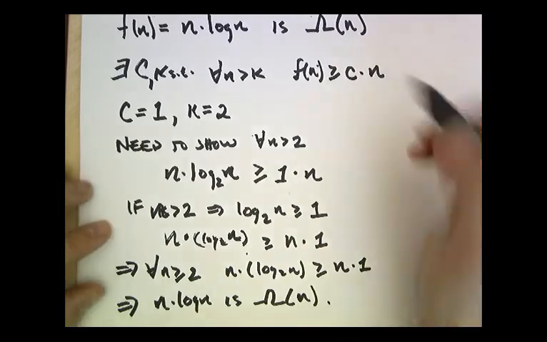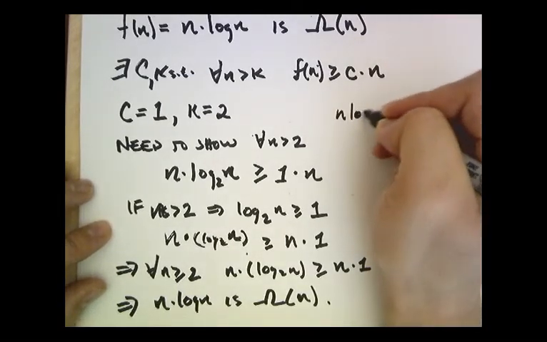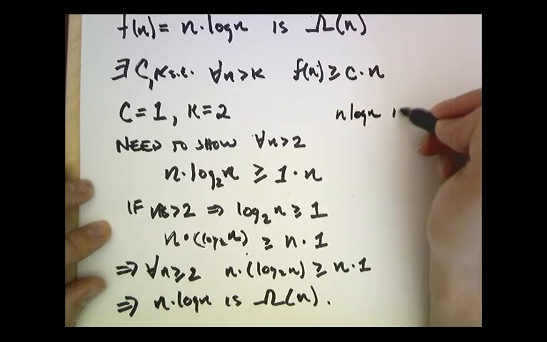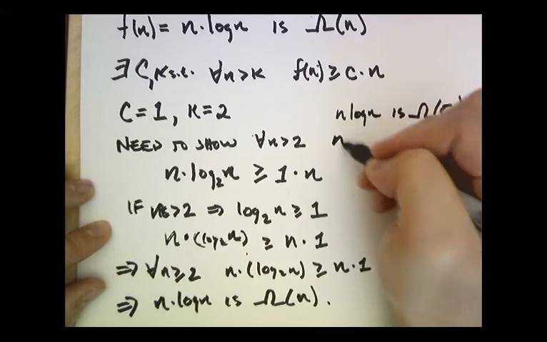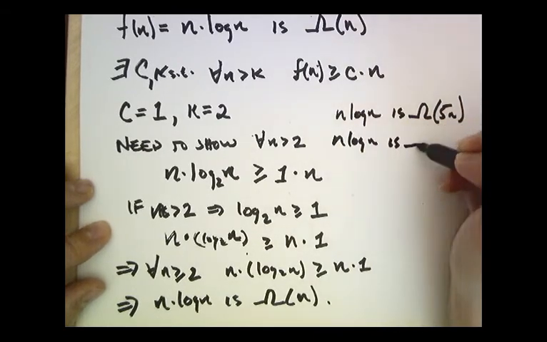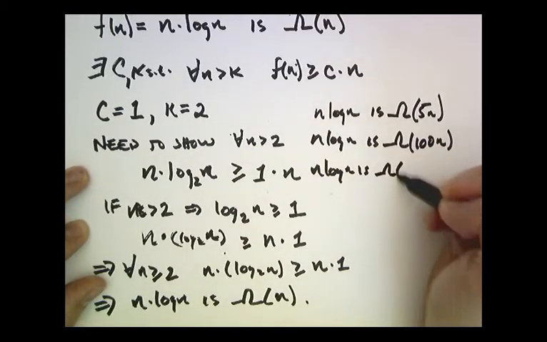In fact, it's not difficult to prove that n log n is big omega of 5n. N log n is big omega of 100n. N log n is big omega of 1000n.